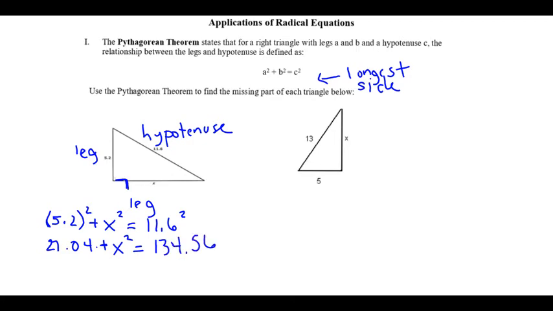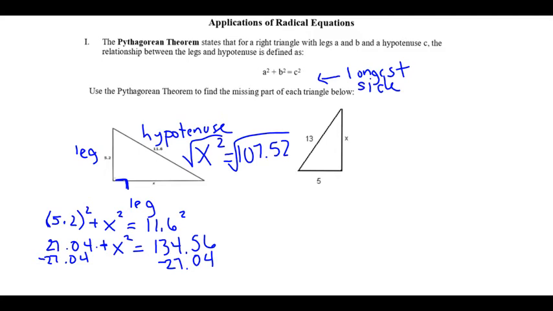Now we want x squared by itself, so I'll subtract 27.04 from both sides. So we get, when we do that, x squared equals 107.52. But I want x, not x squared. So to unsquare something, we take the square root. So the square root of 107.52. Now I'm going to round it to the nearest thousandth spot. So it's going to be x equals 10.369.